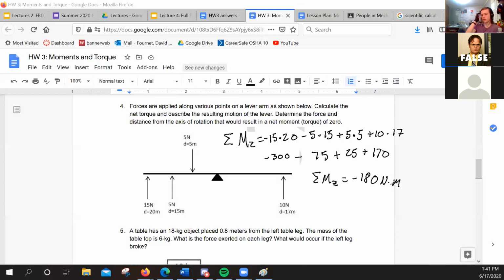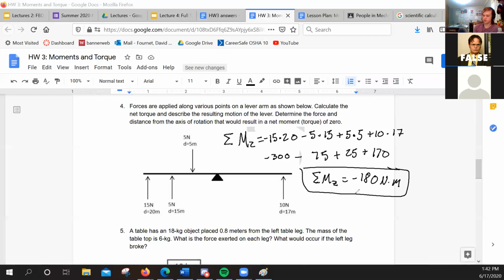Okay? So can you tell me what that would mean in terms of how the seesaw is going to move? So the rotation would be, could you repeat the question, please?